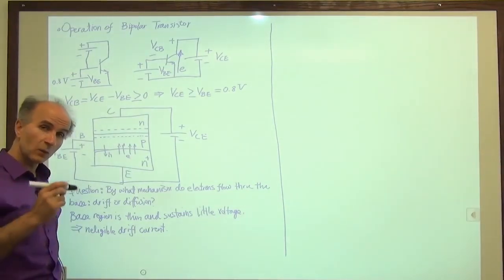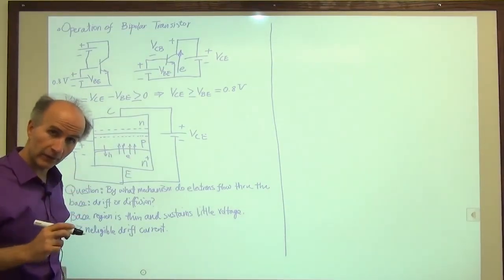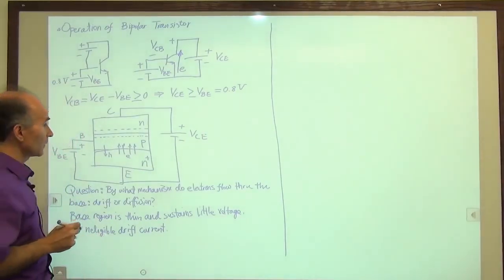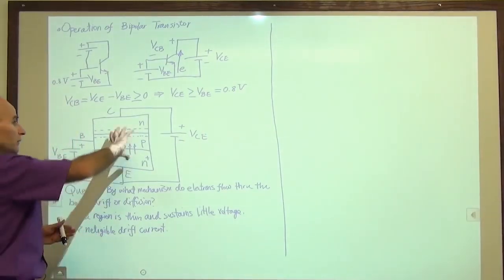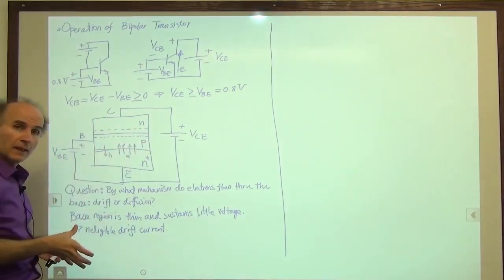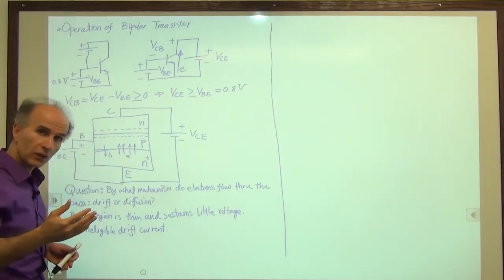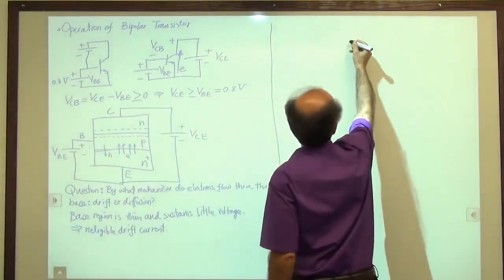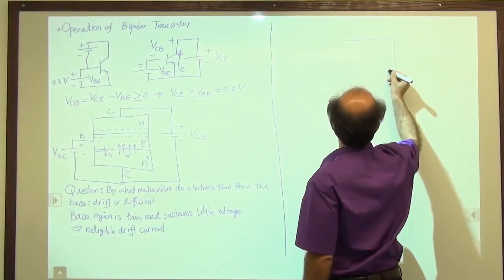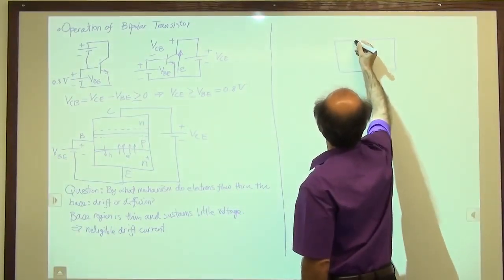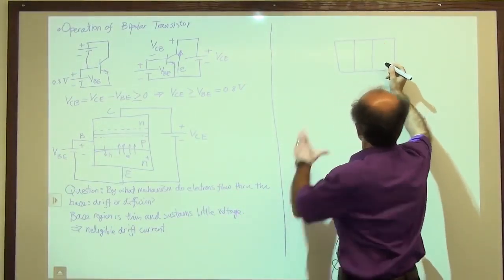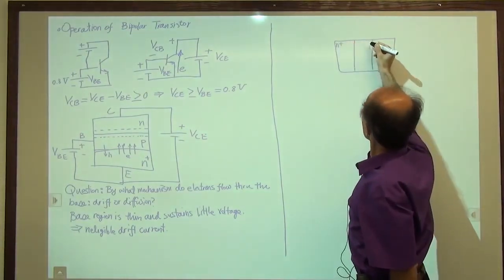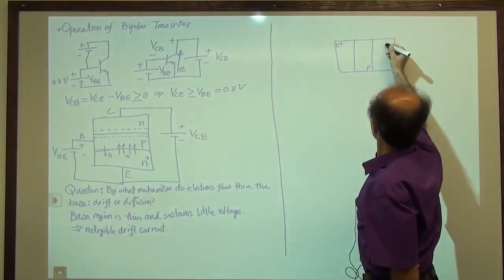And in fact, we can even see why diffusion is necessary for the current, even if there were some drift current. So let me show you. Let's try to turn this by 90 degrees and examine the concentration of charge carriers in it. So I will draw it like this. I draw the base quite wide just for illustration here, but we know that that's not wide. So this is what we have.